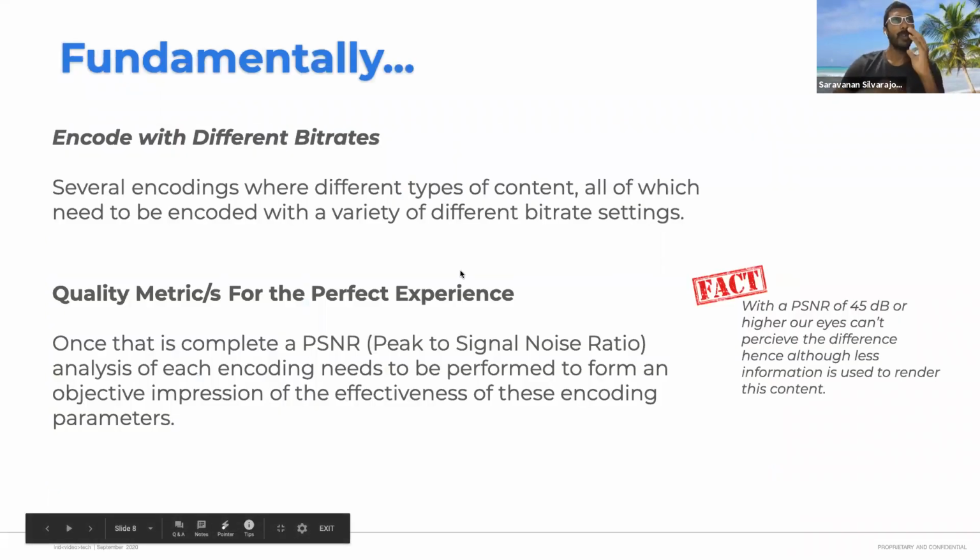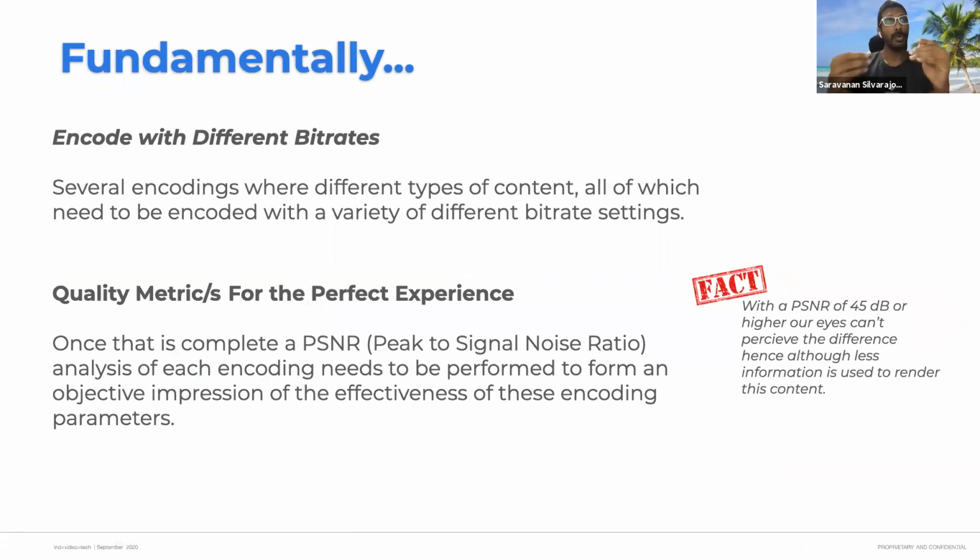And fundamentally, what is it? What happens is you encode the same content with different bitrates, and then you compute the quality metric to predict the convex hull. And from the convex hull, you pick out the bitrate that best suits that content, right?